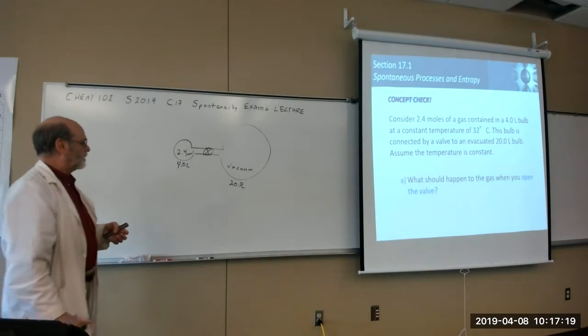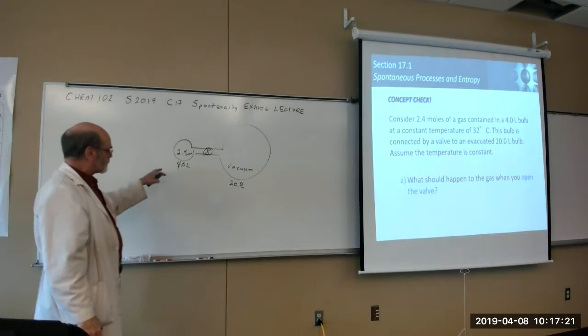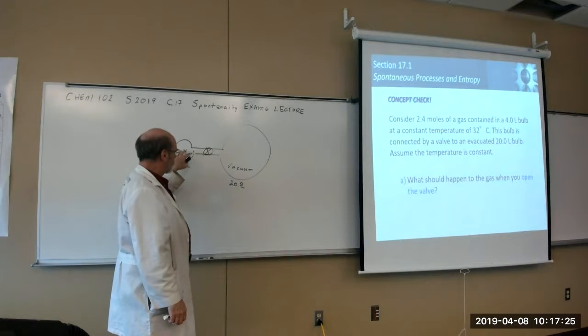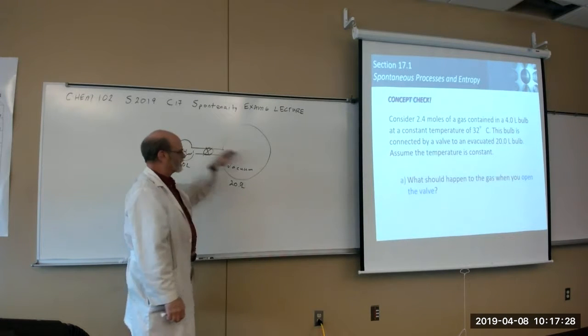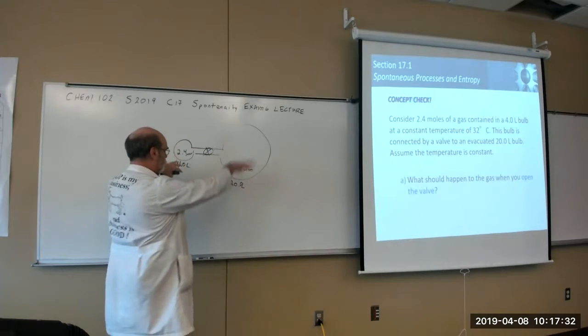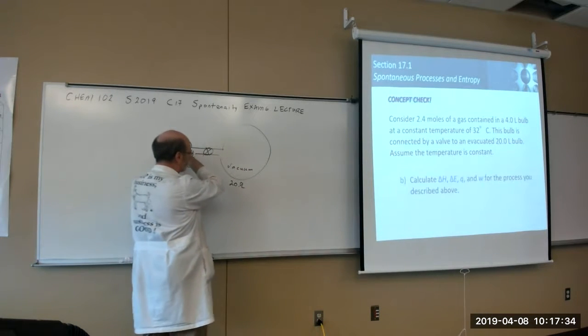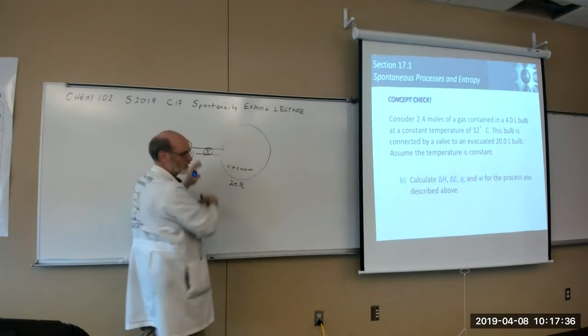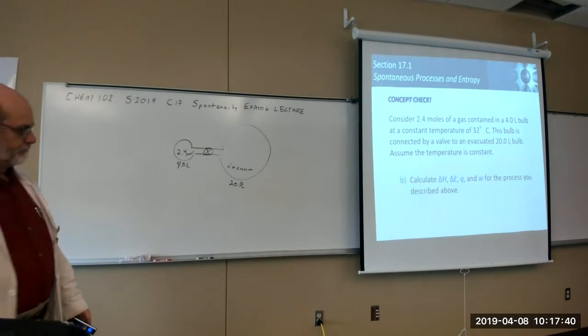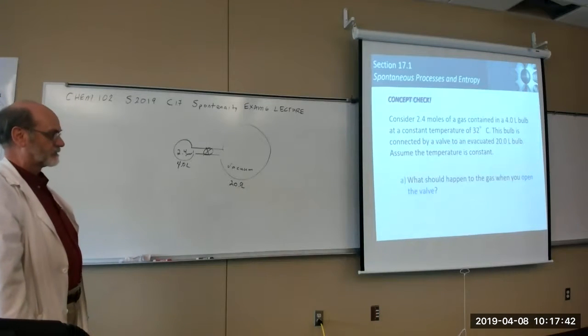Okay. So when we open this valve, that 2.4 moles of gas are going to be sucked into this vacuum over here, but not all of them. They're going to equalize. So 2.4 moles is scattered throughout. That's sort of intuitive also. In fact, you can probably hear it.